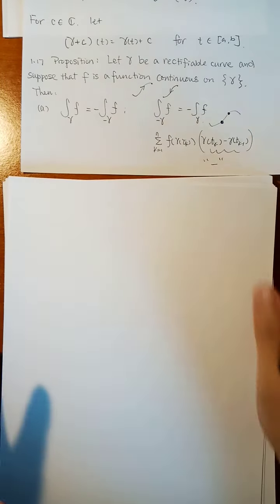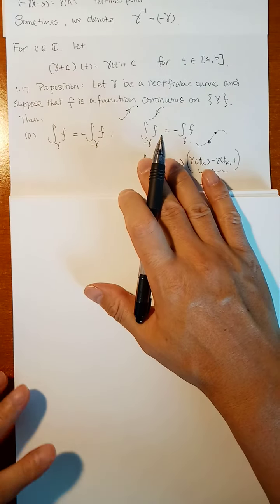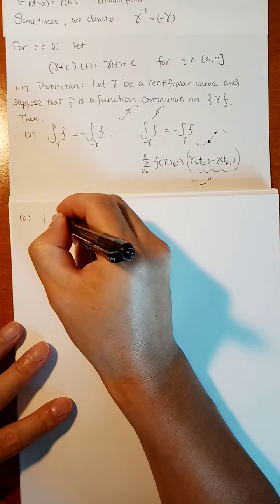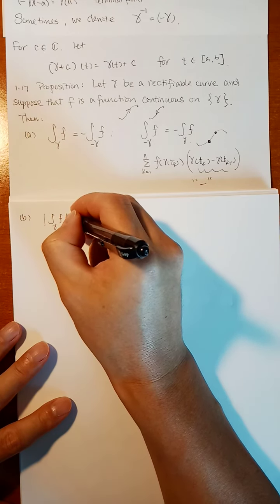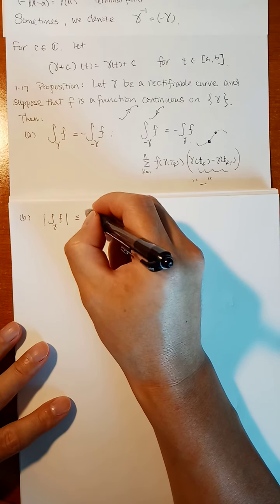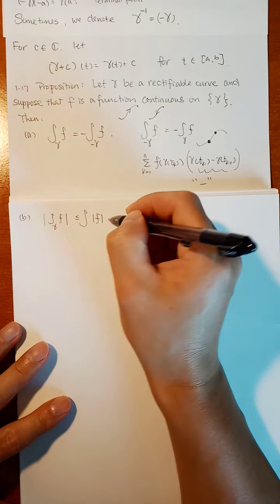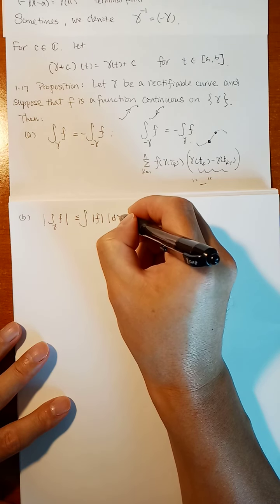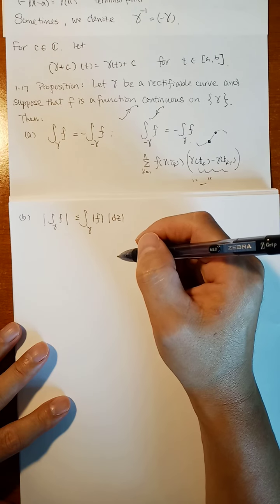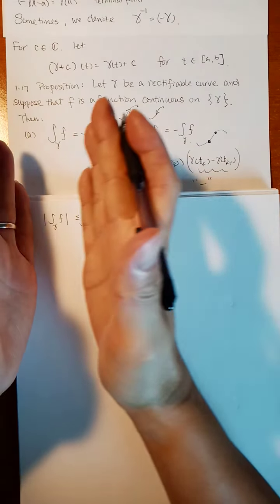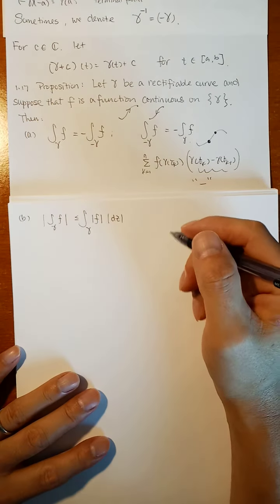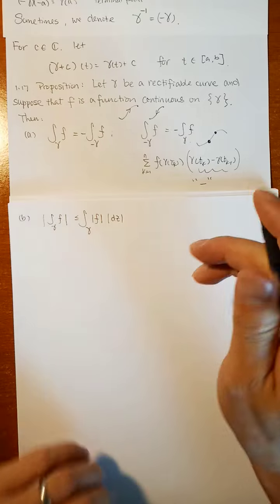And second, (b), the absolute value of the integral of f along gamma is going to be bounded by the integral of the absolute value of f times the absolute value of dz along gamma. Like you pass this absolute value into the integral, you get this.